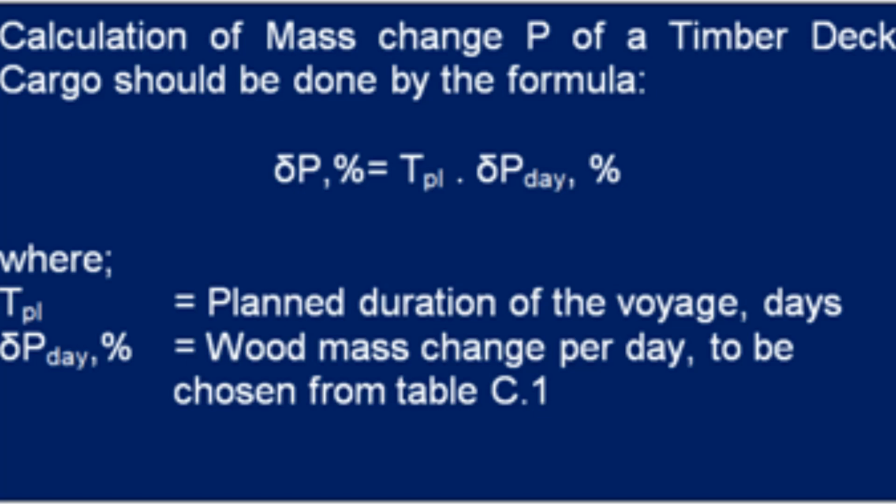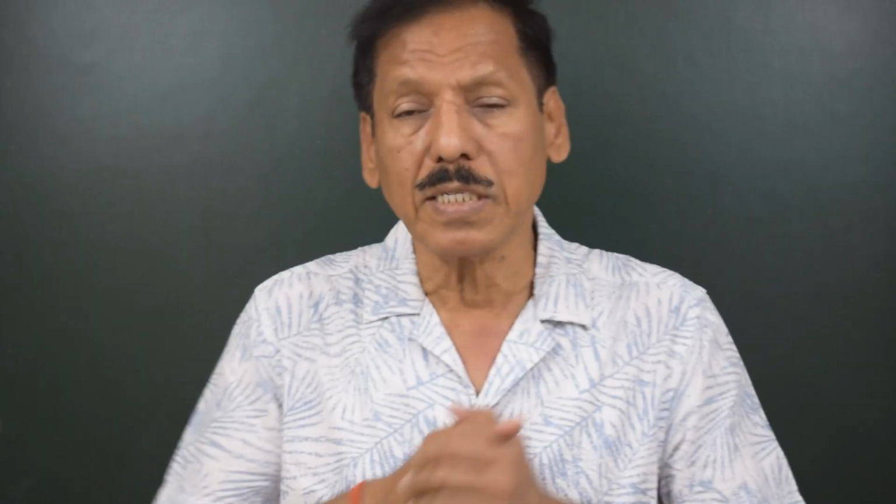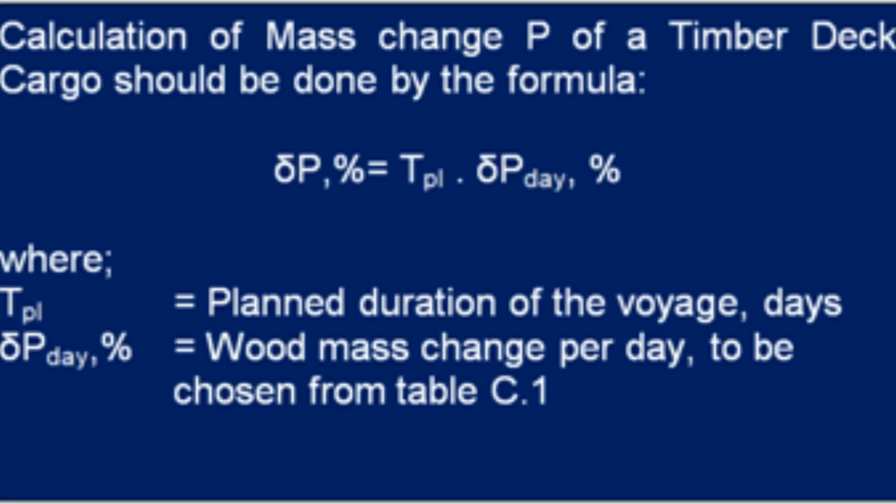That is to be applied in a formula to find out what is the present weight of the timber that is loaded on deck. Now, there are certain assumptions which we apply in case the percentage of the weight increase is less than 2%. And here's the formula. You can see with this formula we can find out what is the increased weight of timber on deck.